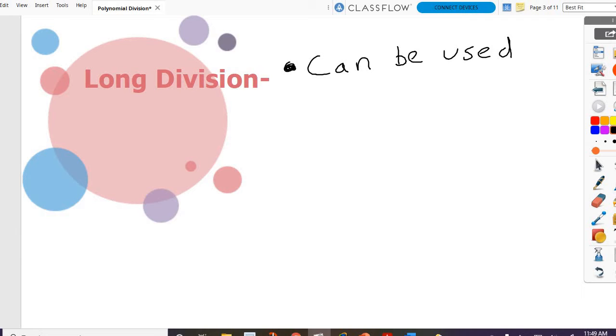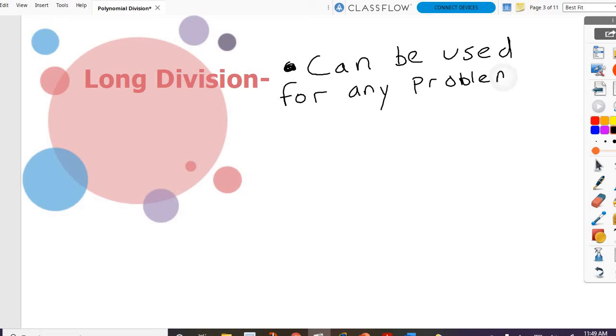Your degree of the bottom has to be equal to or less than the degree of the top. In general, for synthetic division, whatever you're dividing by has to have a degree of 1. So there are really specific cases where we're allowed to use synthetic division. However, long division can be used for any problem.